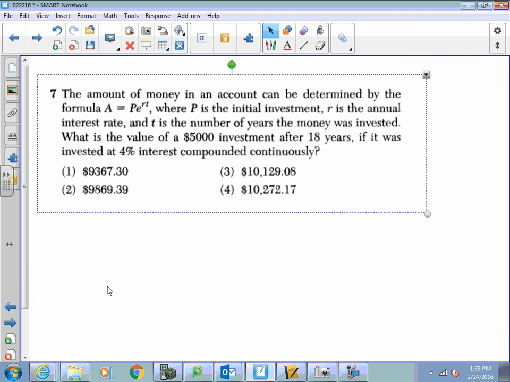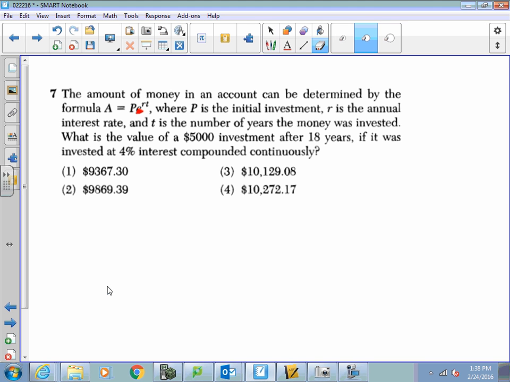Okay, number 7 is pretty straightforward. I'll read it really quick so we can understand what it's talking about. It says the amount of money in an account can be determined by the formula A equals PE. Remember we talked about that E, that's just a constant, all right? PE to the RT, where P is the initial investment, R is the annual interest rate, and T is the number of years the money was invested.